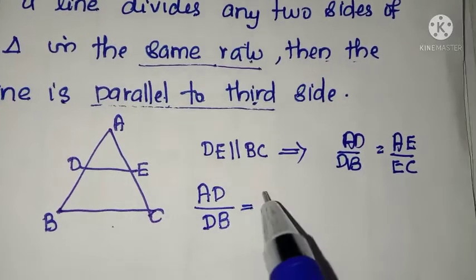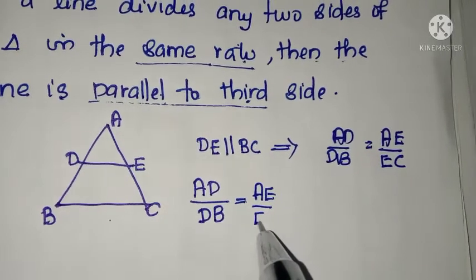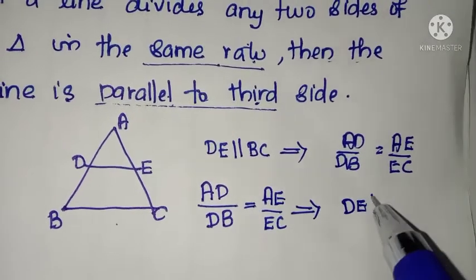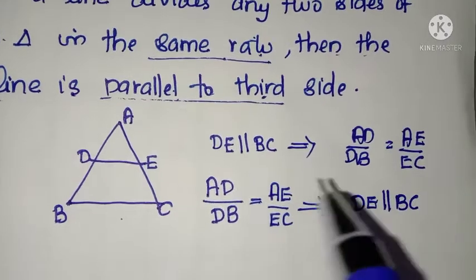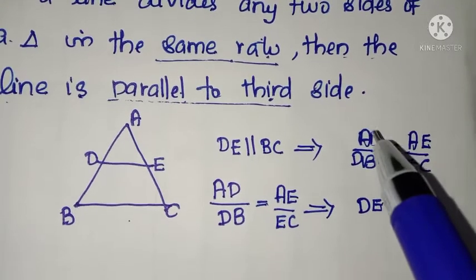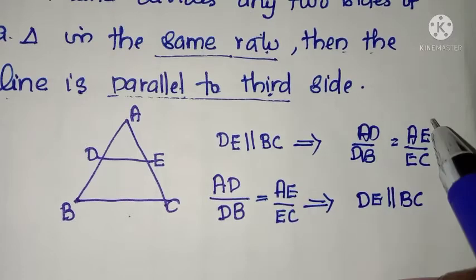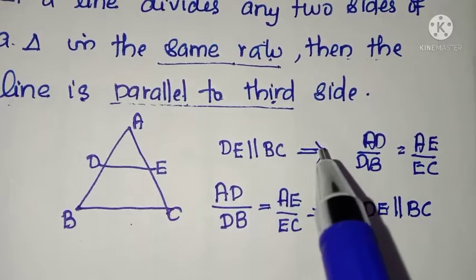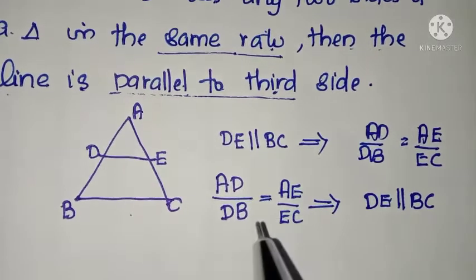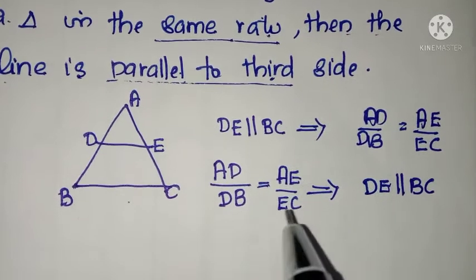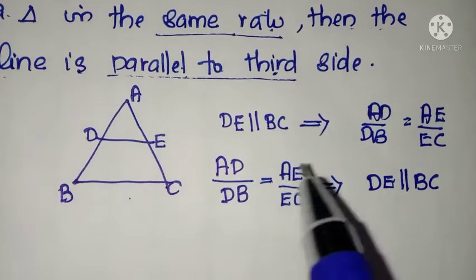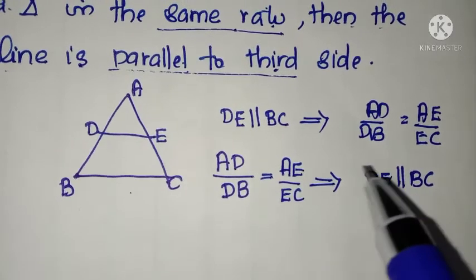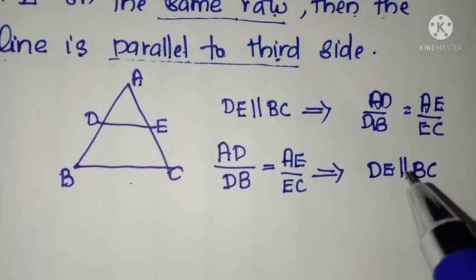AD by DB is equal to AE by EC, that is given, and we need to prove DE is parallel to BC. So, in a question, if we need to prove corresponding sides divide in the same ratio, then we have to use the basic proportionality theorem. Suppose we have a question where corresponding ratios are equal, that is given, and we have to prove two lines are parallel, then use the converse of the basic proportionality theorem.